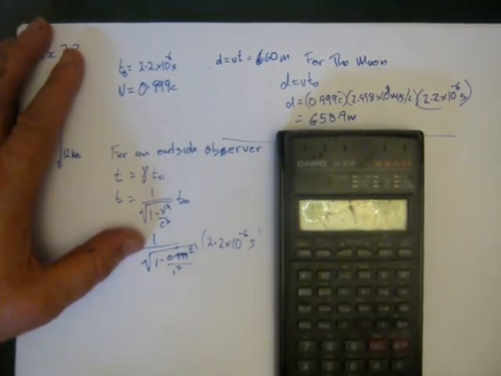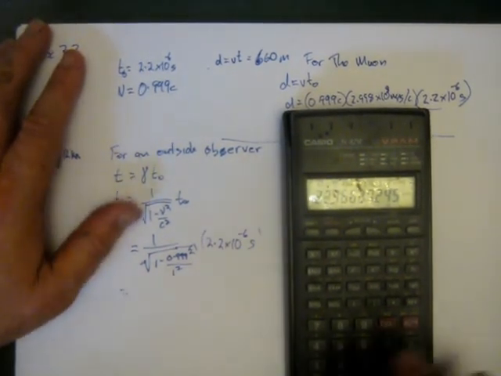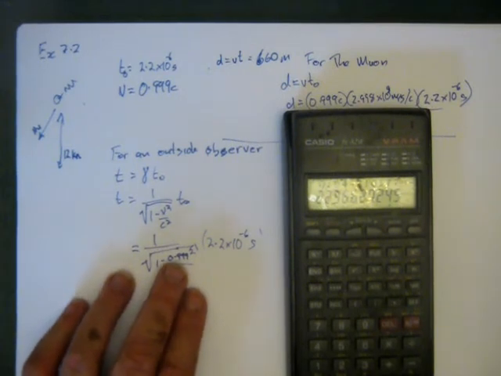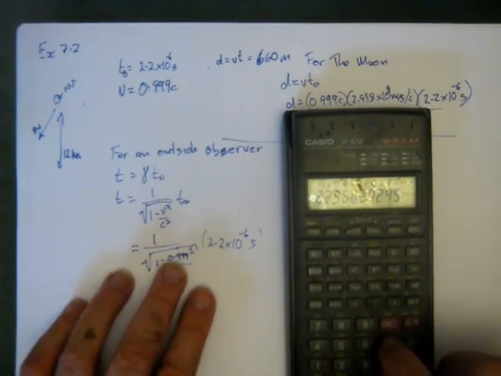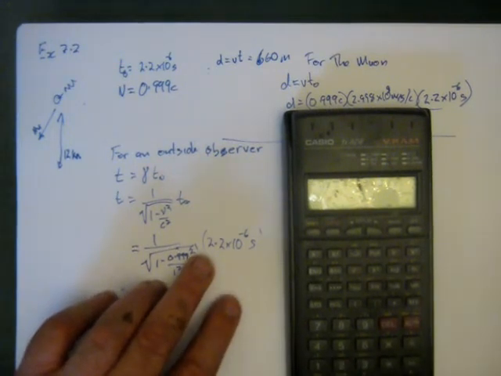That's the gamma factor, times 2.2 times 10 to the minus 6 seconds.